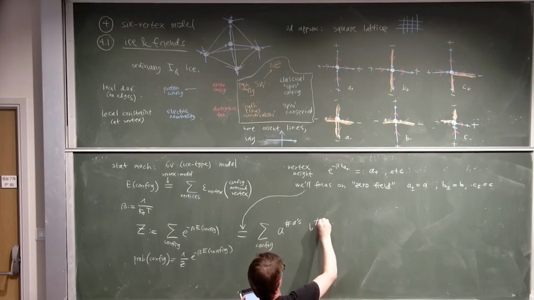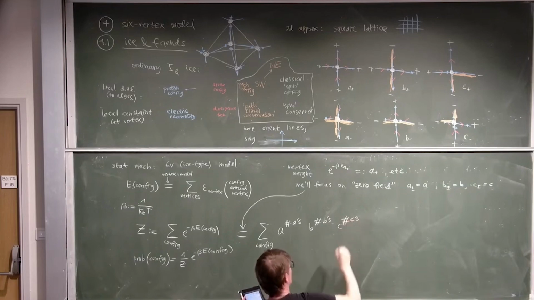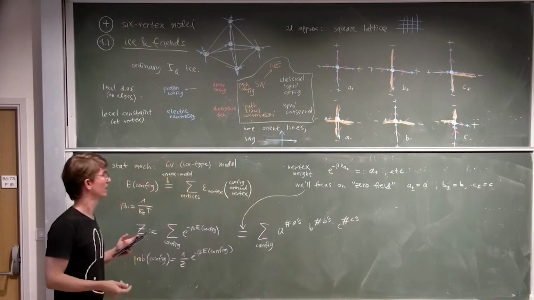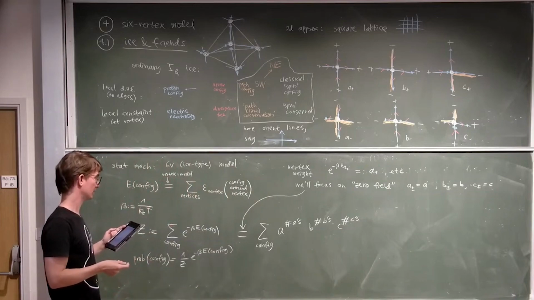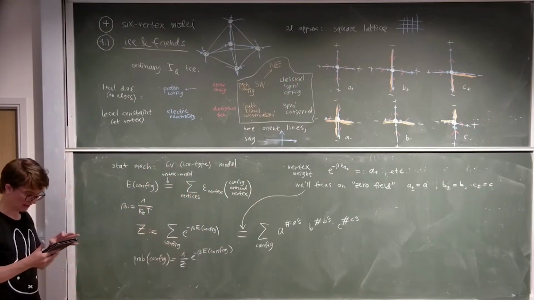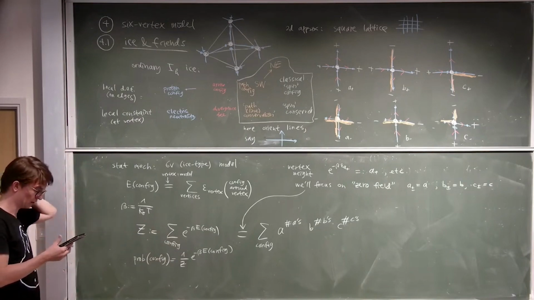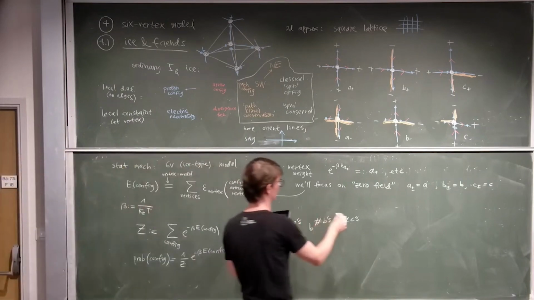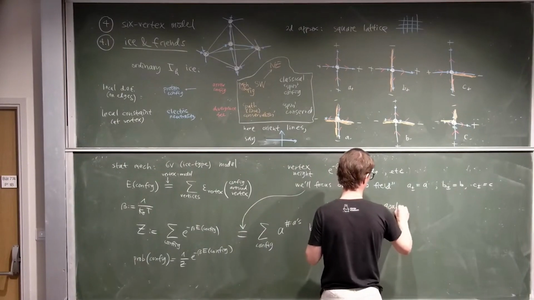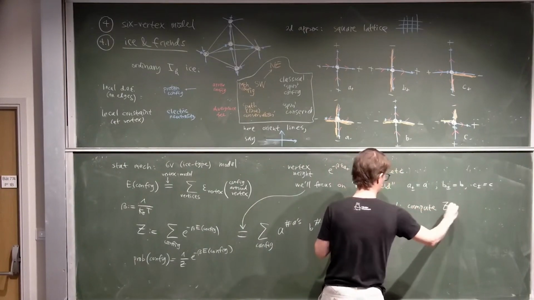Then B to the number of B's, and then C to the number of C's. Right? This is just what you get from here. And this gives us a statistical mechanical problem. So we want to compute this partition function. Goal: compute Z.